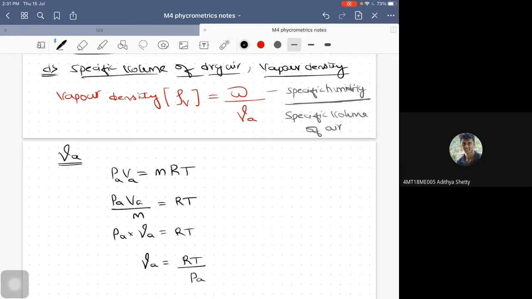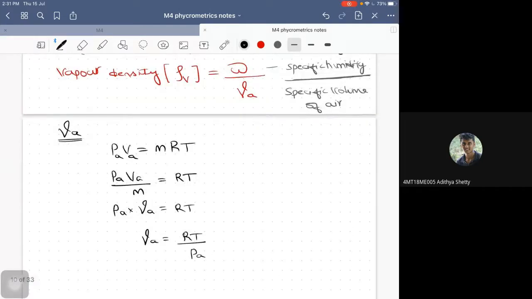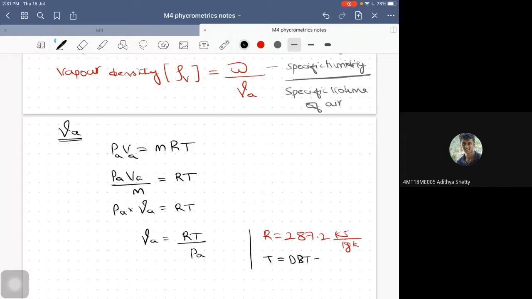Now, what is T? R value, you have to remember. I told you in thermodynamics, there is no exception, R would not be given in the problem. You have to remember it. It is 287.2 joules per kg Kelvin. Next, you have to substitute the value of T, which is nothing but dBT, 30 degrees Celsius.